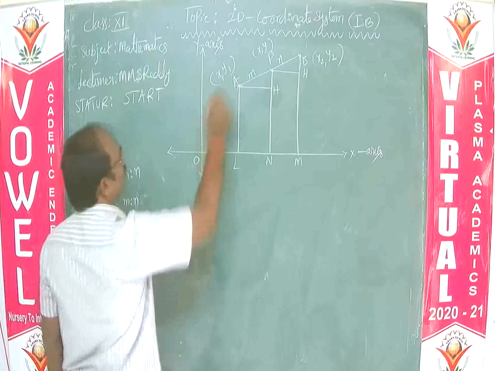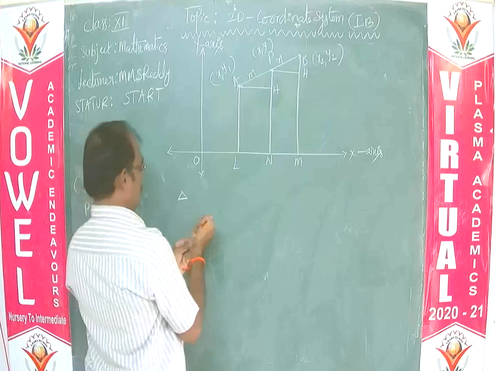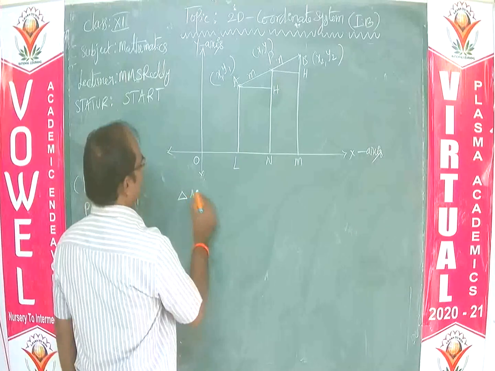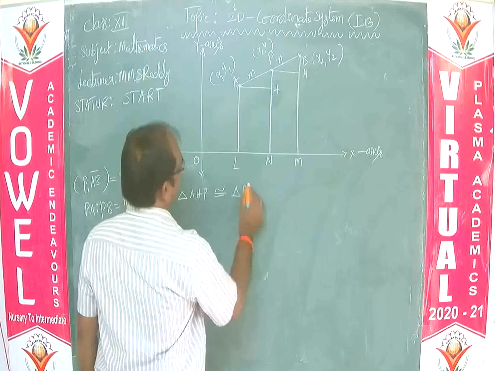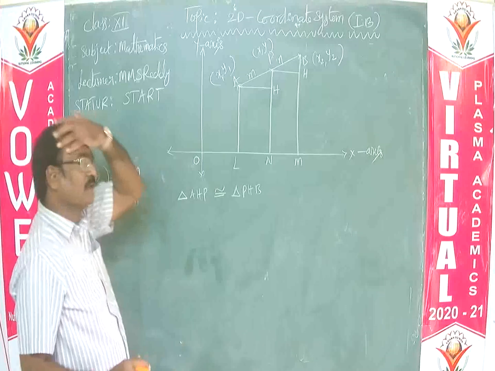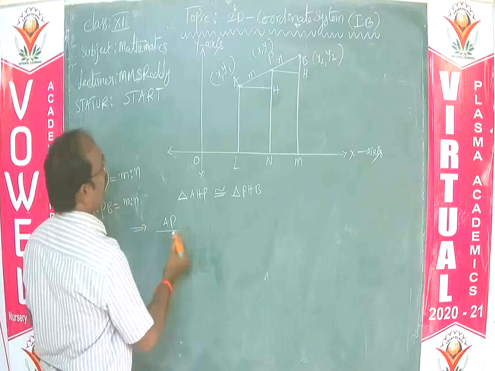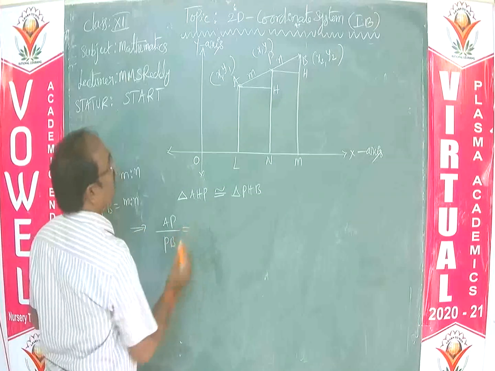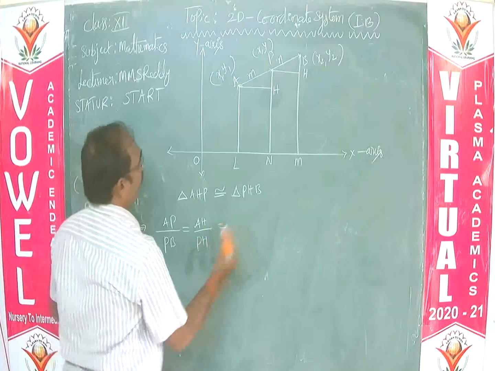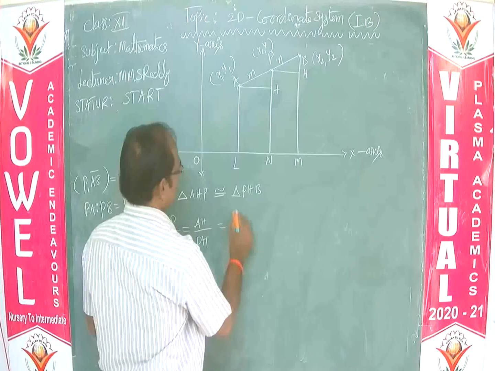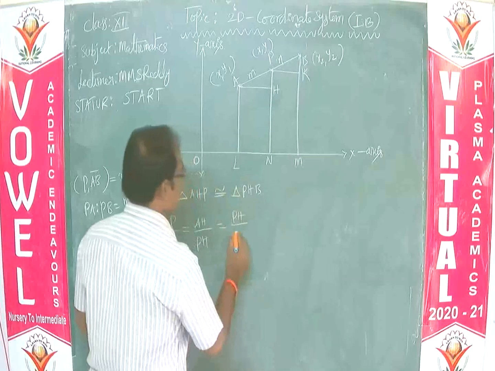Now, from the figure, triangle AHP is similar to triangle PKB. Hence, the ratios between the corresponding sides are equal. That implies AP by PB is equal to AH by PK, which is equal to the vertical distance PH by BK.